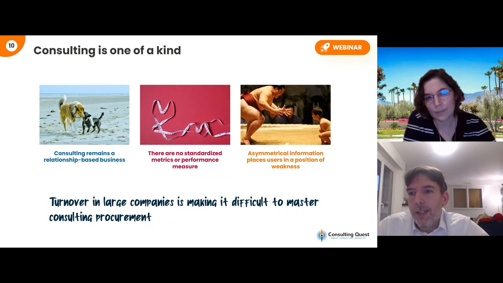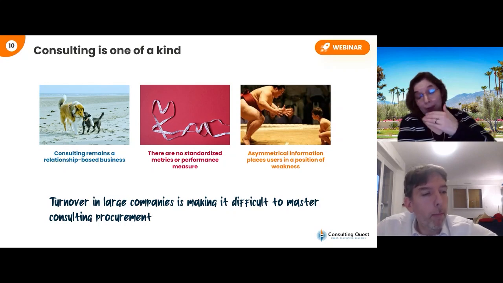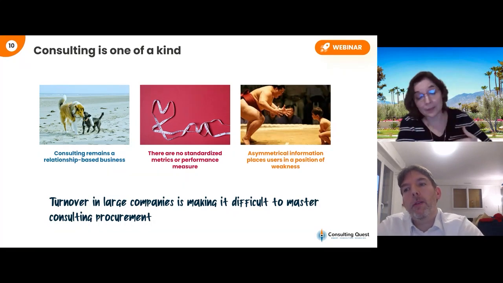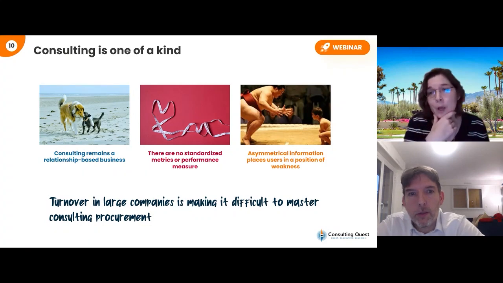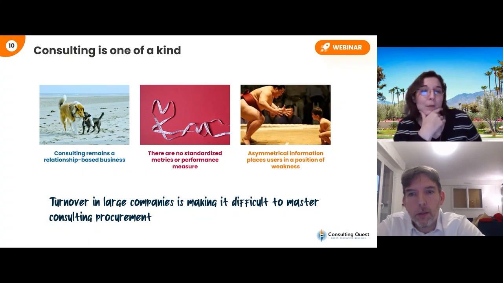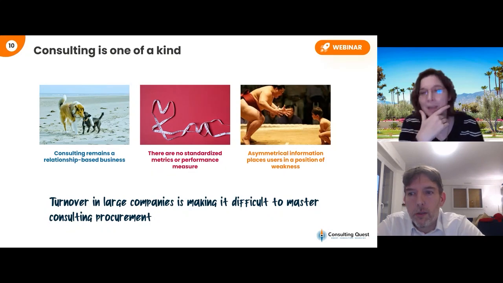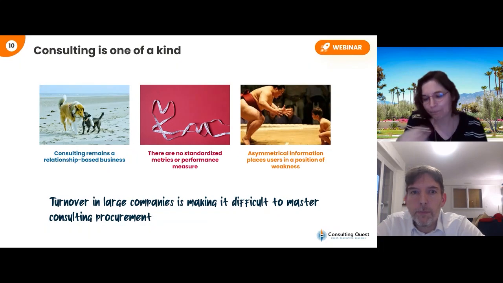They see at least 3 to 4 per year. That's 12 times the frequency. Absolutely. And as a result, there's time for that learning curve and getting to know that. But a lot of companies have turnover that does not allow them to capitalize that information and master really consulting procurement.